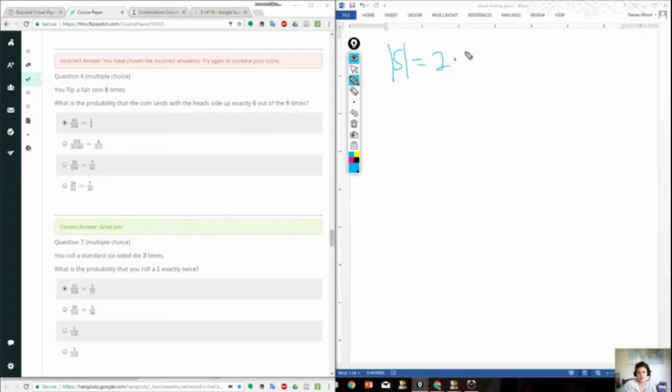The second flip, I have 2 options, heads or tails. The third, I have 2 options, heads or tails. The fourth, 2 options, heads or tails. The fifth is 2 options, heads or tails. The sixth is 2 options. The seventh and the 8th time is 2 options. So this is going to equal 2 to the 8th.